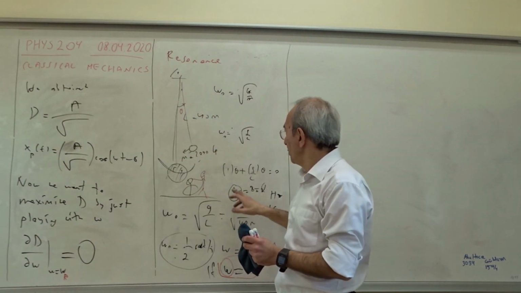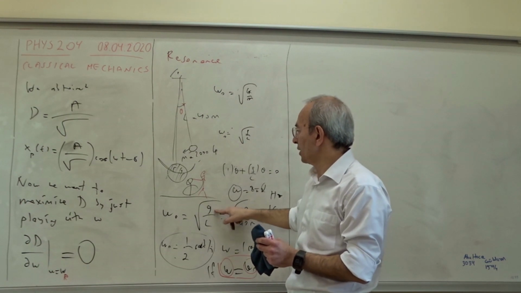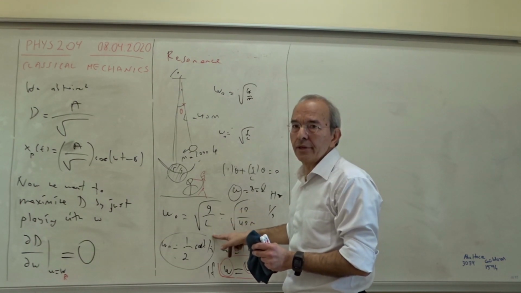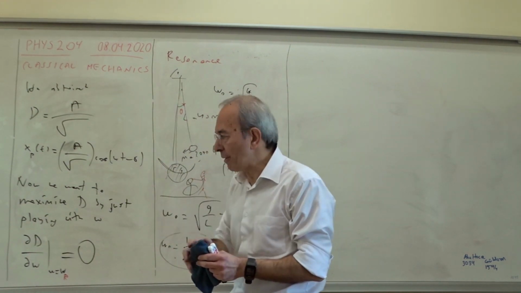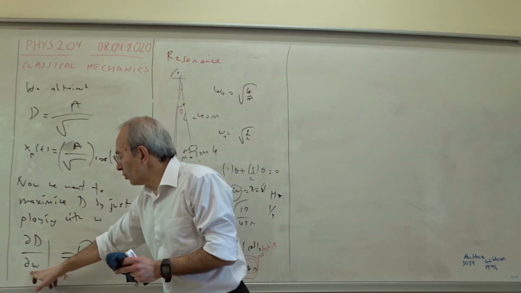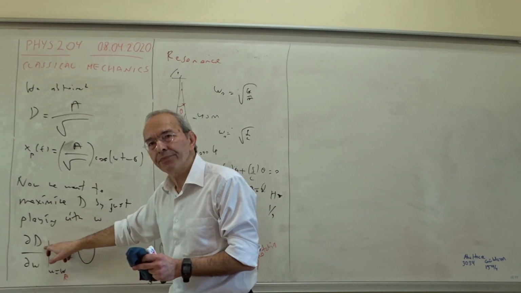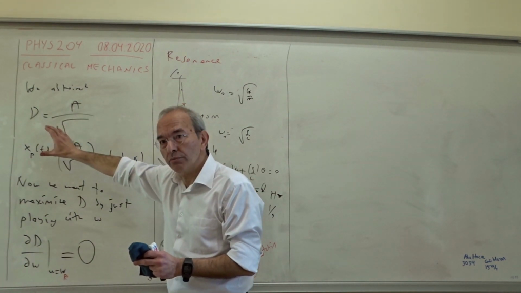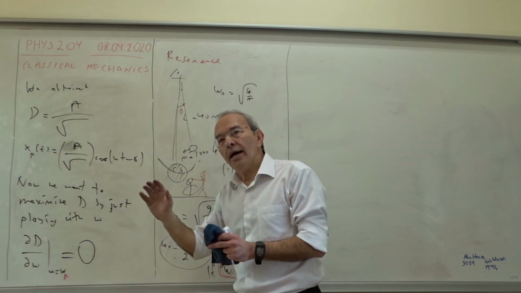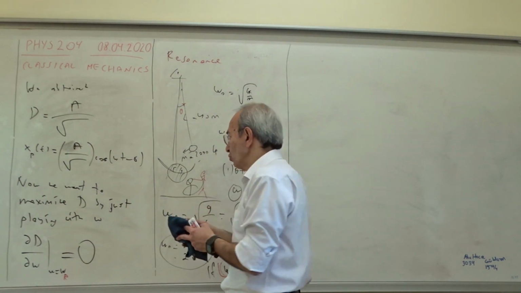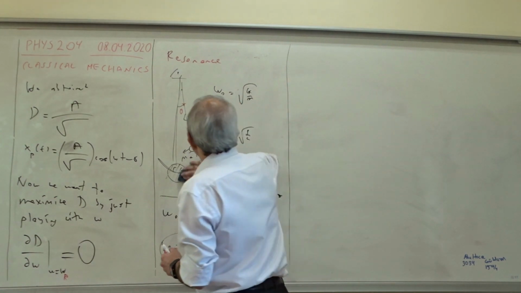In this case, it is obtained by the gravitational acceleration and only the length of the rod. Even mass doesn't enter. In the mass spring system, it is k over m. Alright, now you want to maximize the amplitude, because this amplitude is, remember, the amplitude of the particular solution as a result of the applied function.